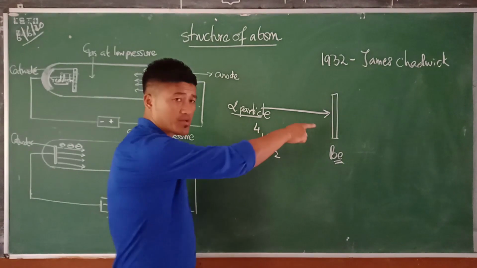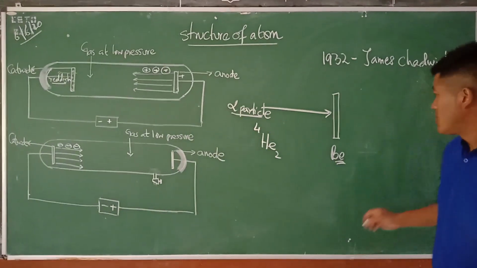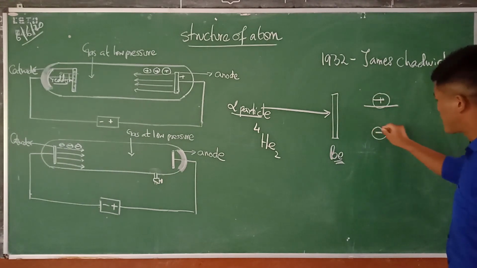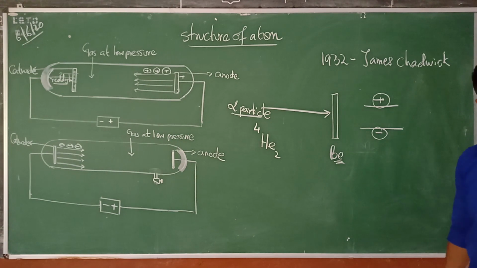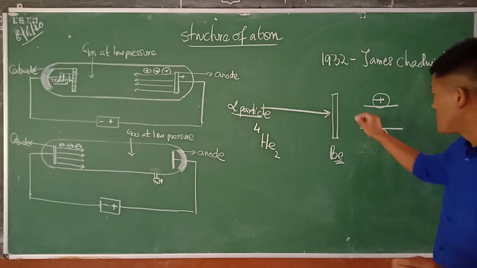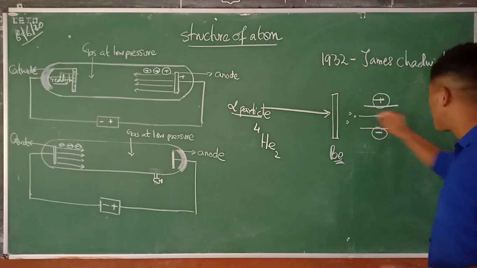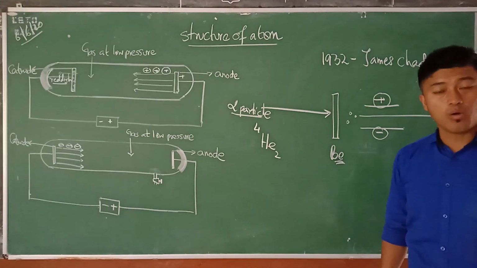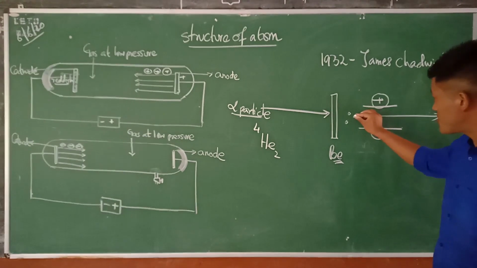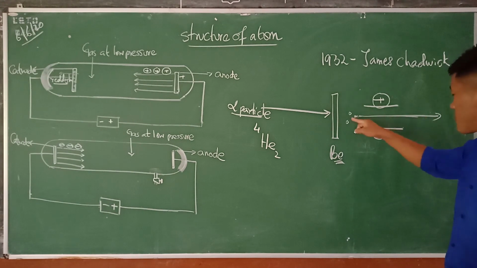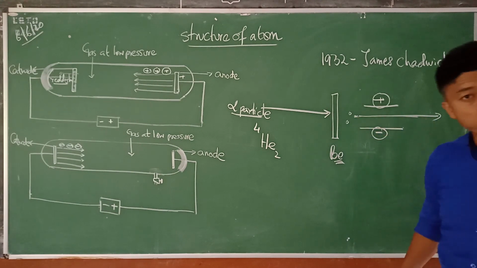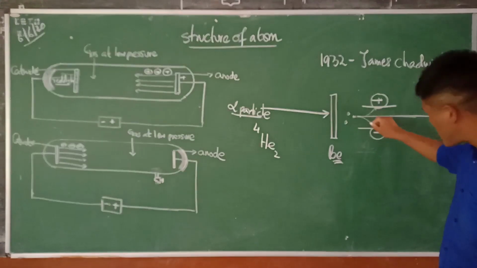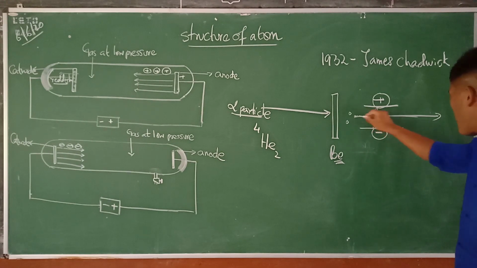When he passed the alpha particle, with a positive sign over here and a negative sign over here, he saw some mysterious material passing through. Understand? And what shocked him was that when this particular material was passing from that position to that position, it was neither attracted toward the positive side nor toward the negative side, but instead it went straight away like this.